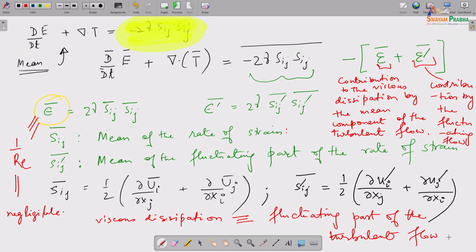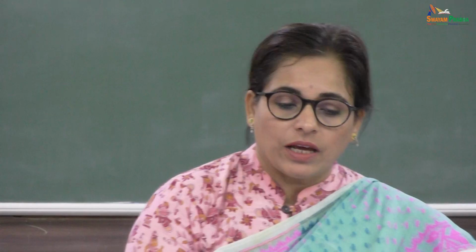Yeah, so viscous dissipation is basically dominated by the fluctuating part of the turbulent flow. Okay, right. So this was about the viscous dissipation.